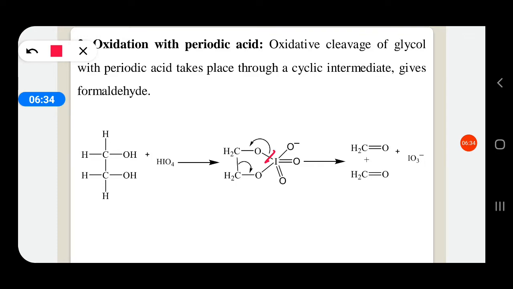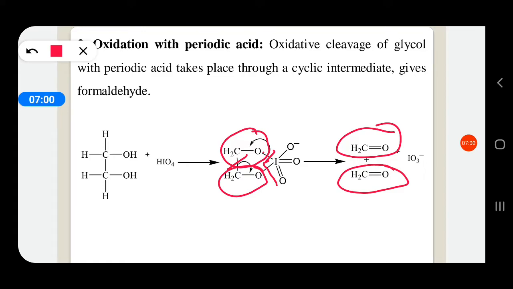The electrons are given to the carbon-oxygen bond, so that the carbon-carbon bond is cleaved, and the electrons are given to iodine, so it produces two molecules of formaldehyde. In both reactions, glycol undergoes oxidation with the oxidizing agent and produces formaldehyde.